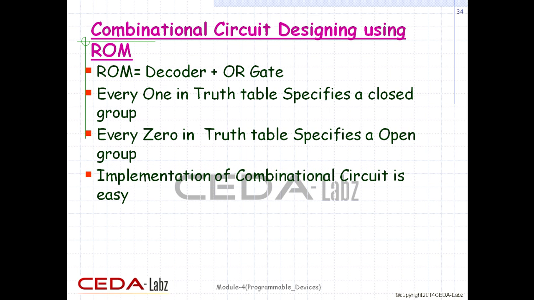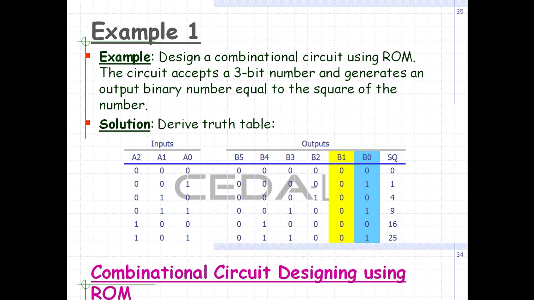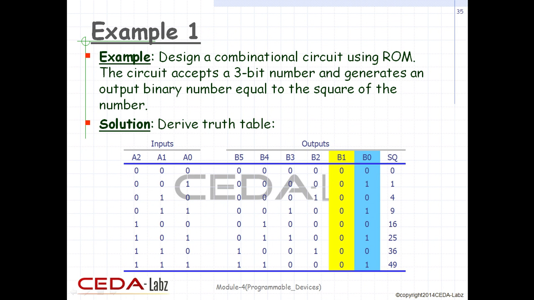Mostly, ROM is used for the design of combinational circuits. The design will be clear in the next slide, when we describe an example. In the given example, we have to design a ROM for a circuit which accepts a 3-bit number and generates an output binary number which is equal to the square of the input number.